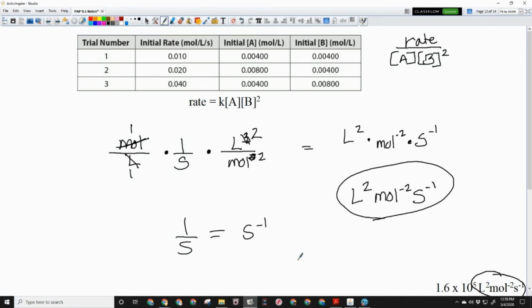Okay? So that's it for 9.1. We're just talking about reaction orders, calculating reaction orders, calculating K, and calculating using information from trials to do all of that. So it's just the same thing over and over. So make sure that you have these notes. Make sure that you get how to rearrange this.